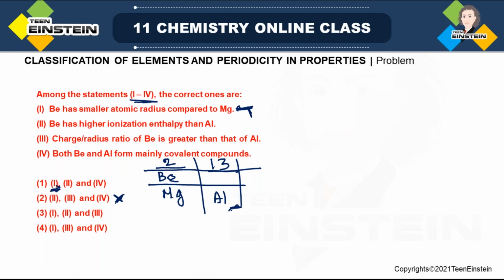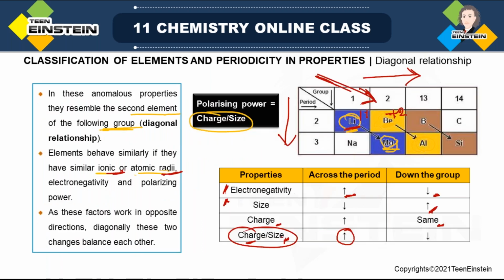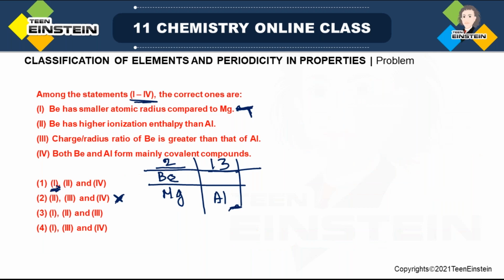Okay. Now, just look at this previous beryllium and aluminium, there is some diagonal relationship. So at first glance, it seems that it should be exactly the same. But though there is some diagonal relationship, it is not necessary that everything will be exactly the same. So for the moment, if we keep this statement aside and jump to the next one. If in any statement you are having any doubt, just keep it aside and go to the next statement.